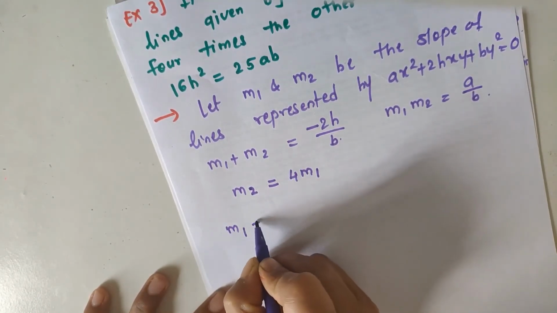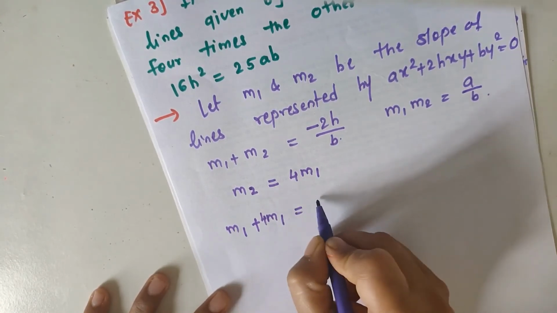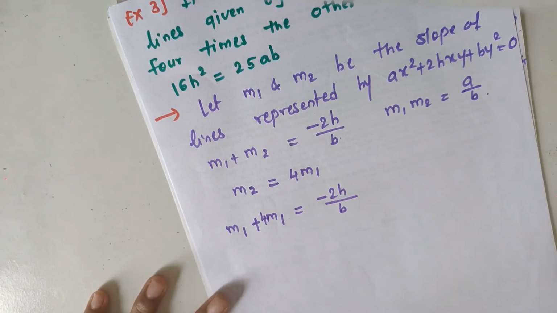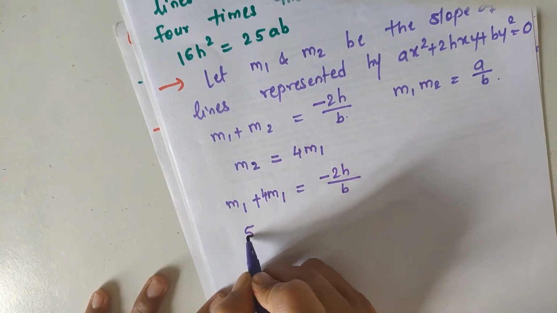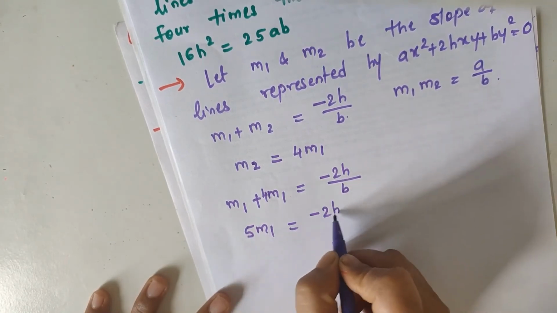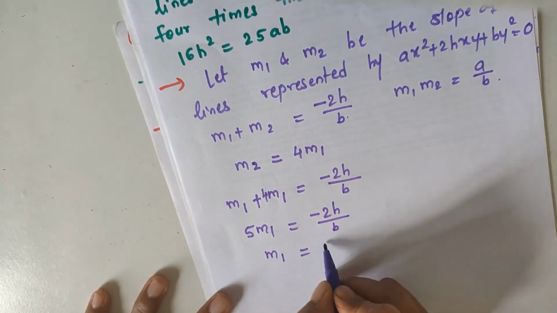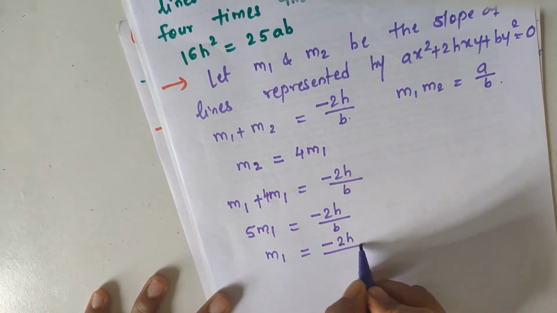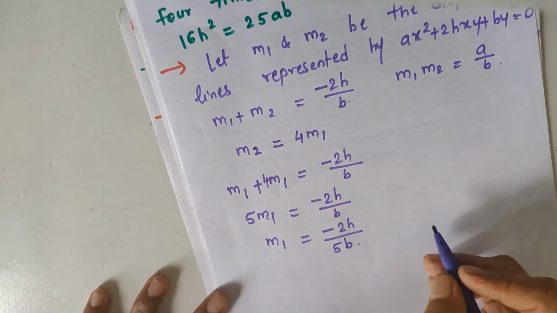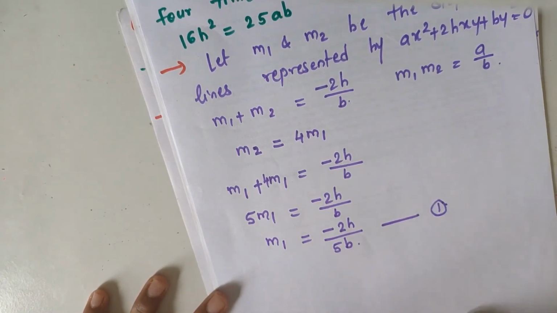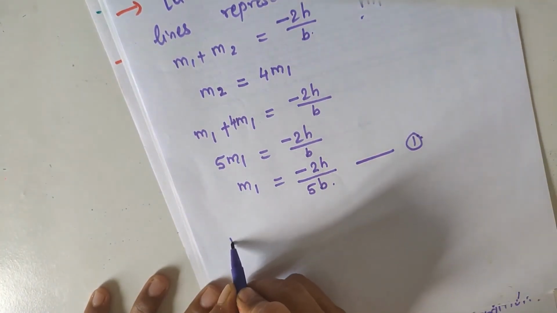So m1 plus 4 m1 is equal to minus 2h upon b. So 5 m1 is equal to minus 2h upon b. So the value of m1 is equal to minus 2h upon 5b. Say equation 1.